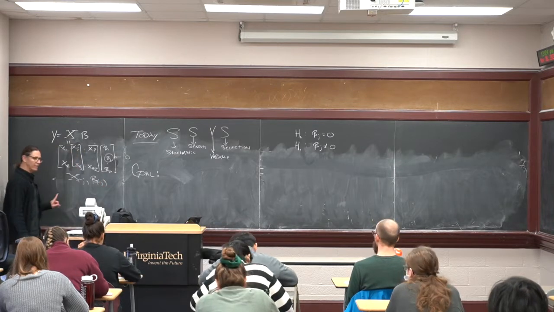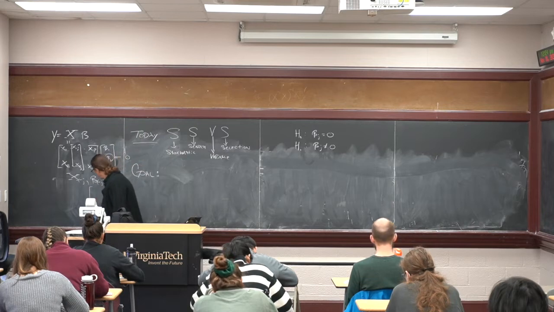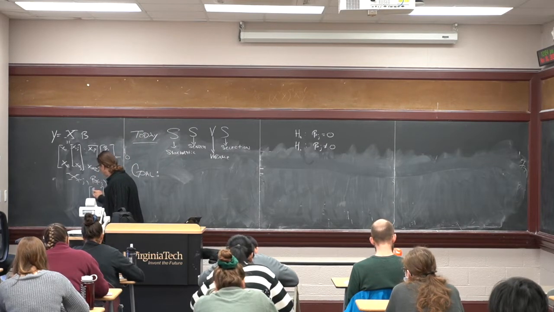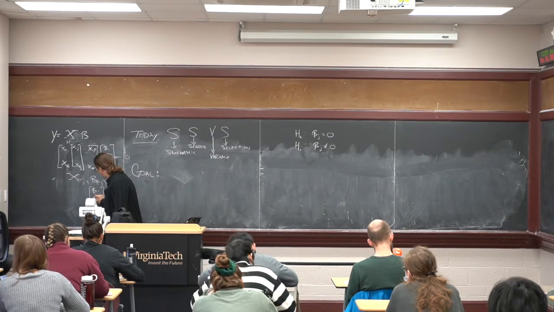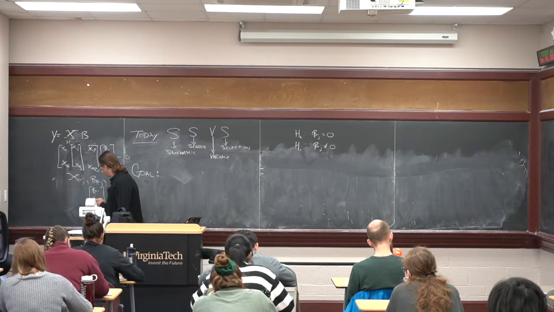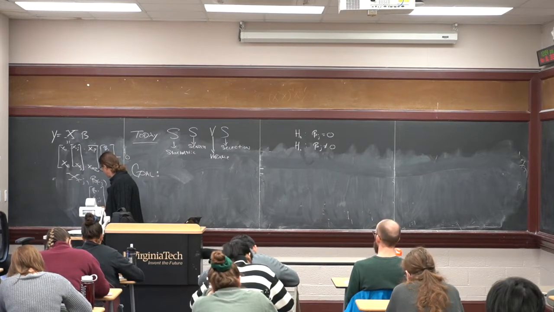So hopefully you can see that. So beta minus j is everything but the j component of this. So beta 1 down to beta j minus 1, beta j plus 1, down to beta p.